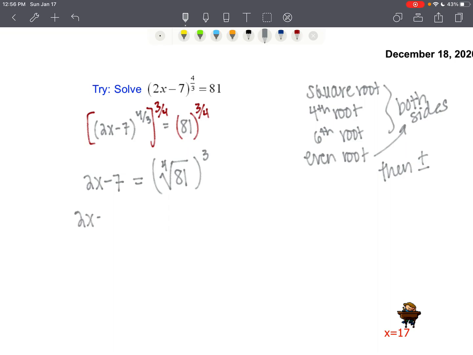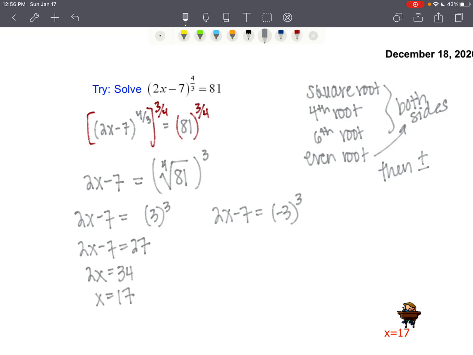So I've got 2x minus 7 equals, the 4th root of 81 is 3 and negative 3. So 3 cubed, 2x minus 7 equals negative 3 cubed. So 2x minus 7 equals 27, 2x equals 34, and x equals 17.